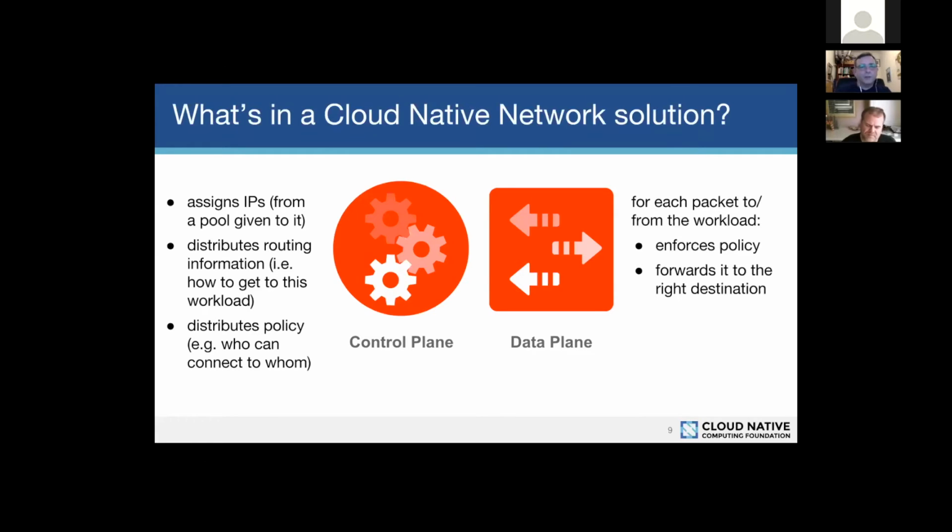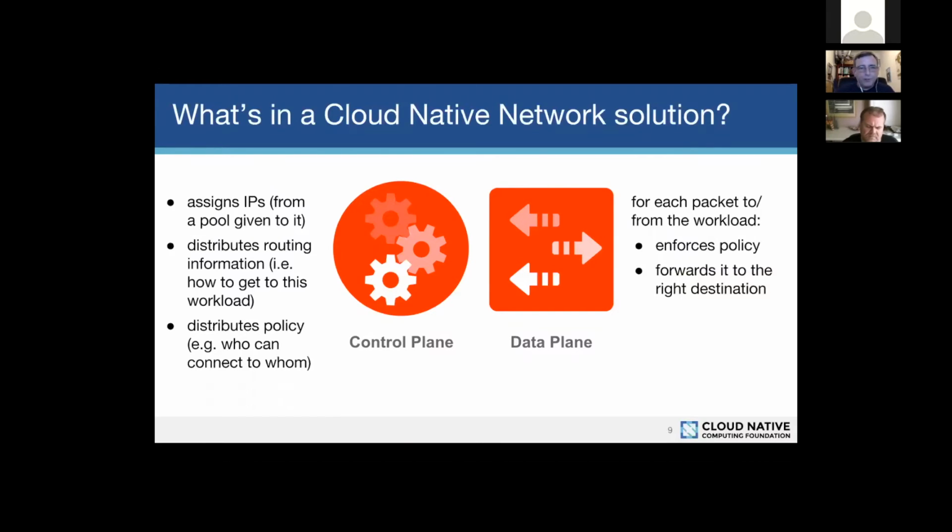Yeah. So as I was saying, the control plane has the coordination. So things like the IP addresses. There's probably a pool of IP addresses that you're using for your container network, and those are different from the IP addresses on your regular network. So the containers can happily come and go and talk amongst each other.